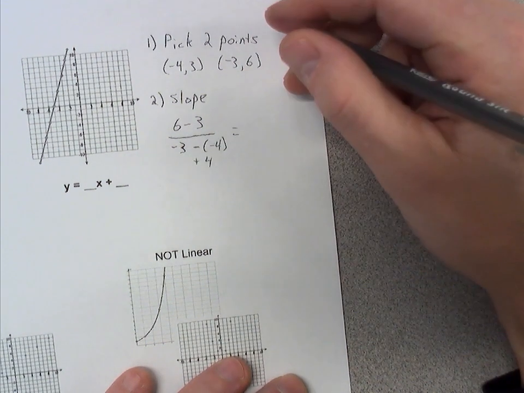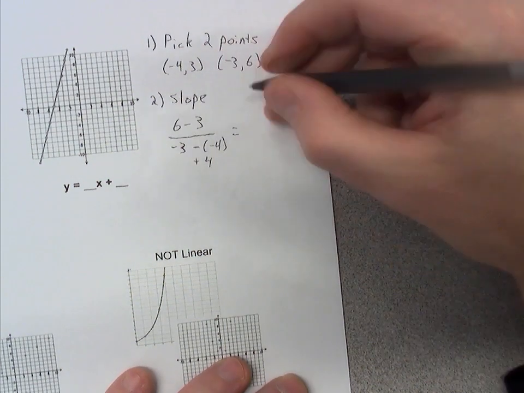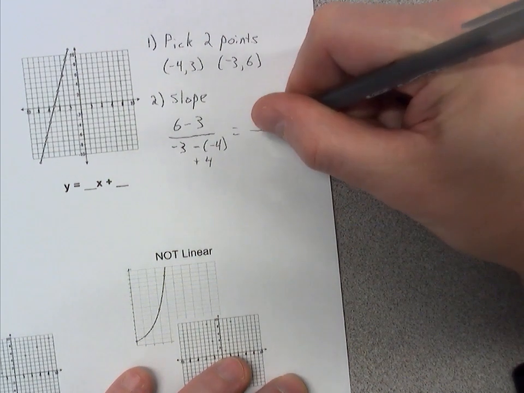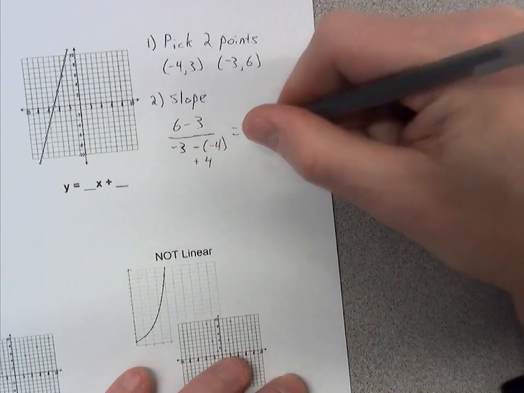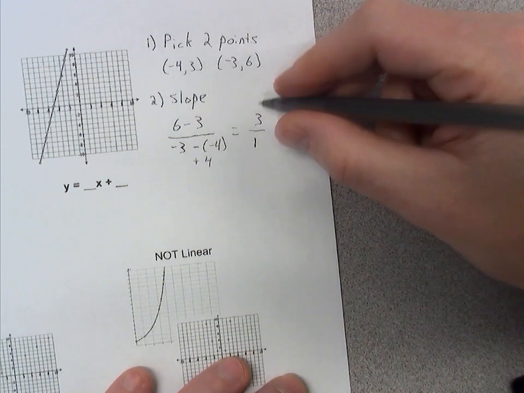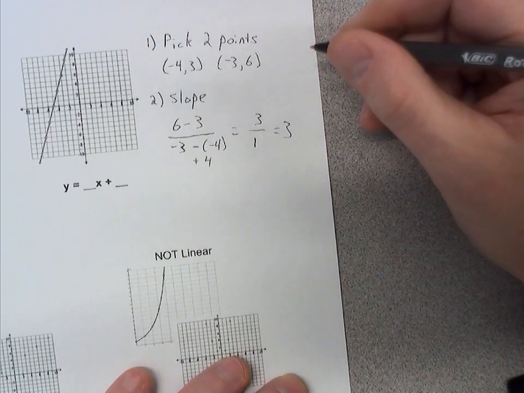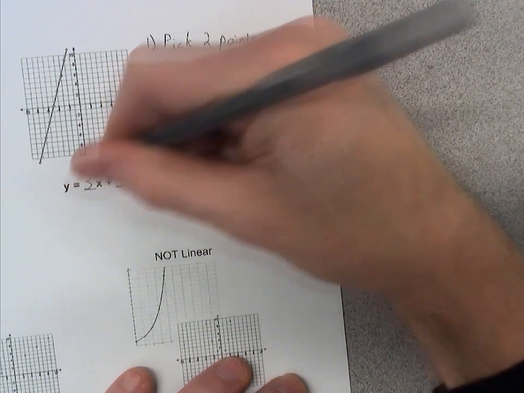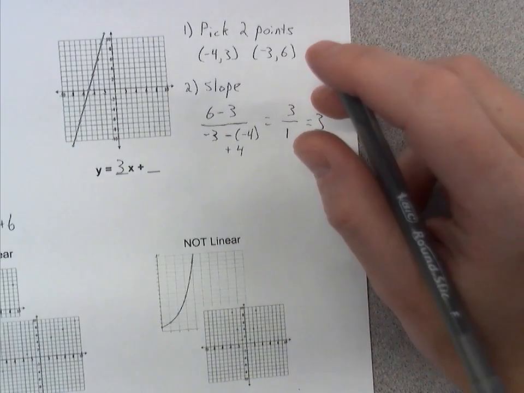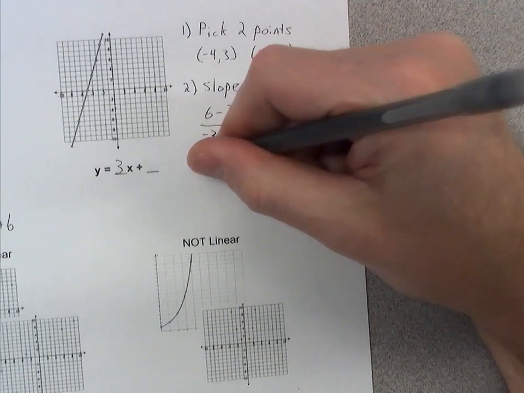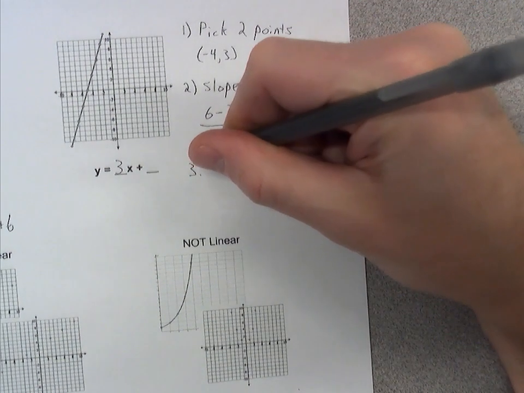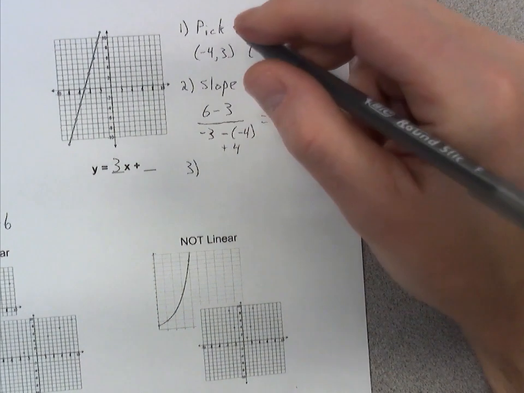And that tells us that 6 minus 3 is 3, over -3 plus 4, that's 1. And that means we've got 3. So our slope is 3. Okay, pretty simple there.